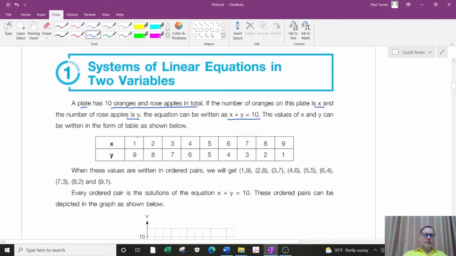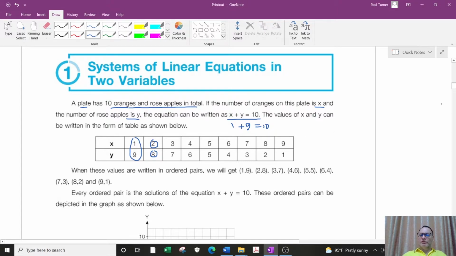So, and they're made into a table here. So for example, if x is 1, y must be 9, isn't it? So we'll get 10. If x is 2, y must be 8. So 8 plus 2 is 10, etc. So we get a whole series of answers to the question.